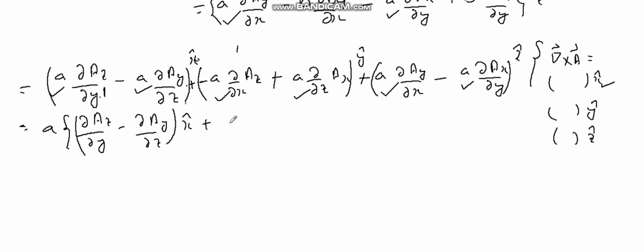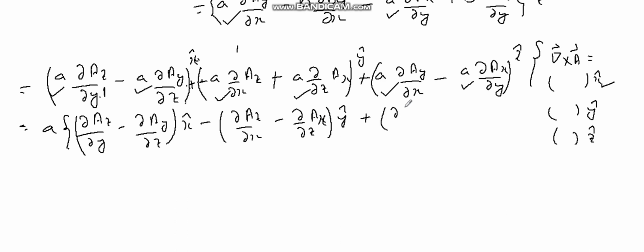In a similar way, we can common out the minus from this term. Okay, del az by del x minus del ax by del z, and we have y, and then we have del ay by del x minus del ax by del y, and then we have this z term.